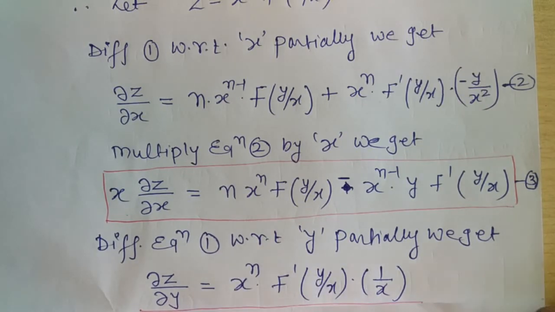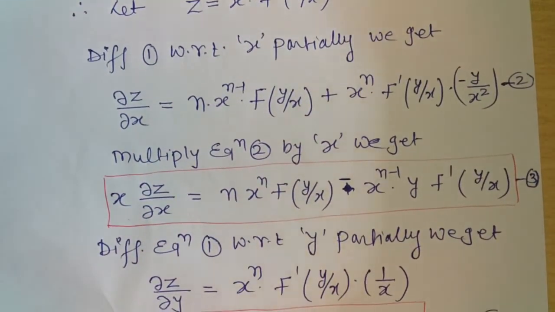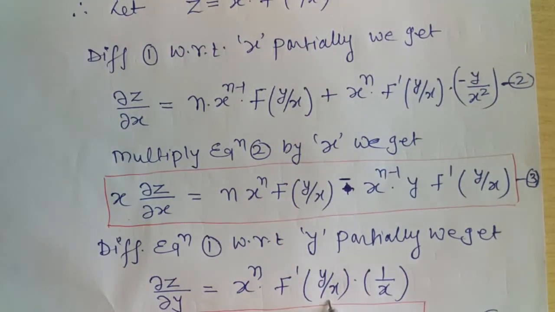Now the derivative of f of y by x with respect to y, we have f dash of y by x multiplied by the partial derivative of y by x with respect to y. With respect to y, 1 upon x is constant and the derivative of y with respect to y is 1. So we multiply it by 1 by x.